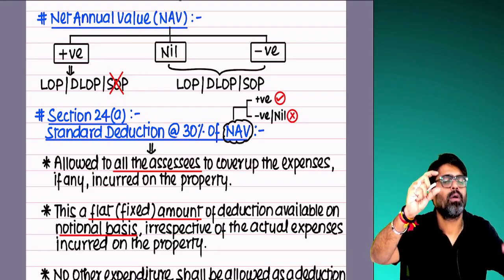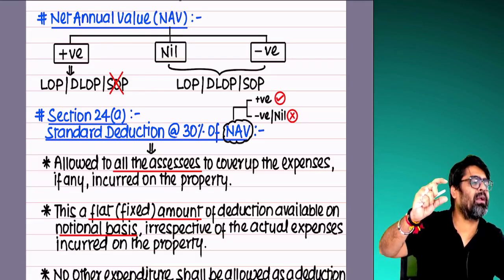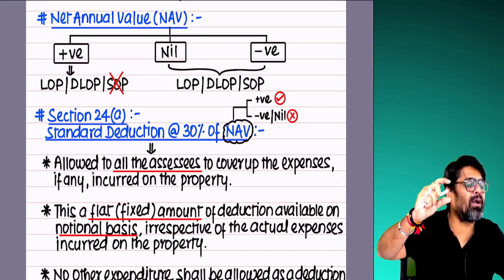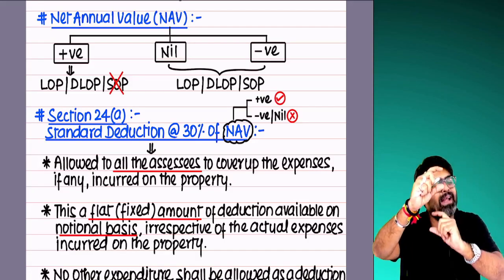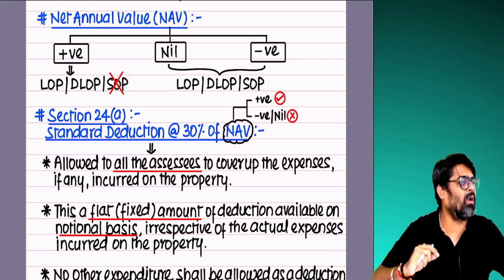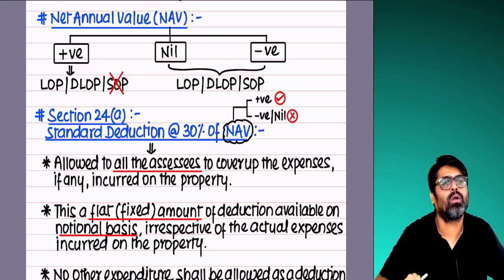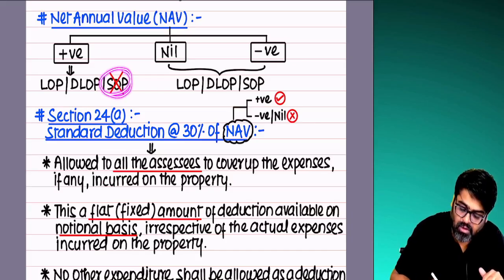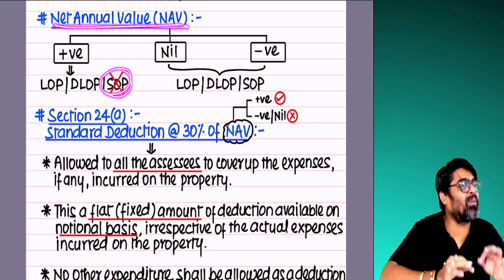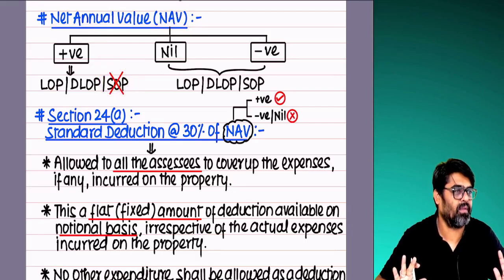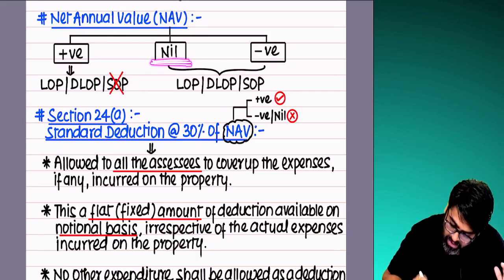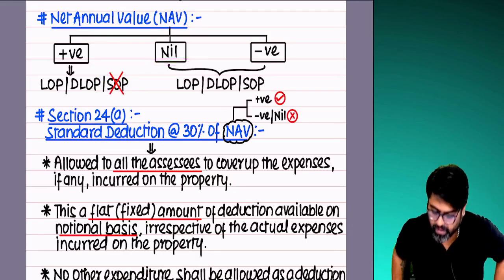Yes or no? Municipal tax, even if paid by the owner during the previous year, will it be allowed or will it not be allowed? So it will be taken as nil. Nil minus nil, do it on your calculator. Will you get a negative amount or will you still get nil? So for SOPs, the NAV can never be a positive amount. It will always be nil.